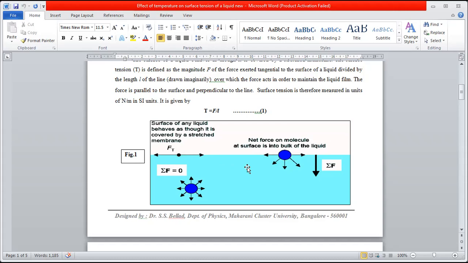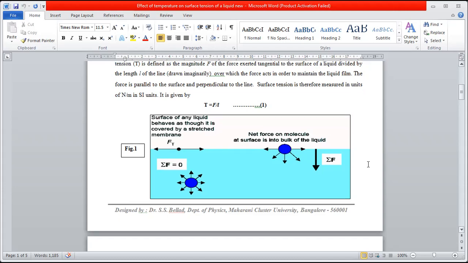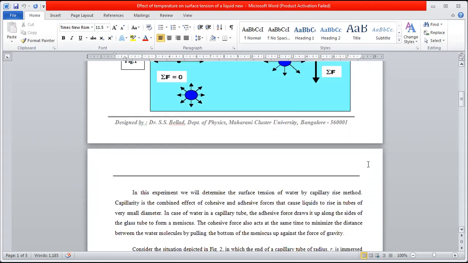That is why the top layer, or the film layer formed over the top surface of the liquid, is contracted towards the center. This contraction continues until it is repelled by the molecules which are more accumulated at the center. So this is what happens during surface tension.